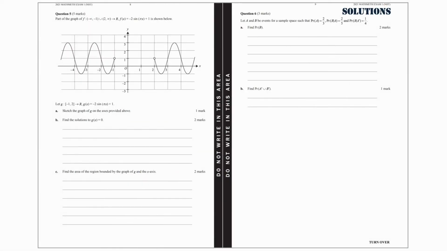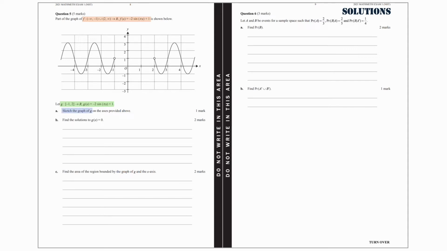Question 5. Part of the graph of f with domain negative infinity to negative 1, union 2 to infinity, has the rule f of x equals minus 2 sine pi x plus 1, as shown below. Let g of x have the same rule as f of x, but with domain from minus 1 to 2 closed interval.